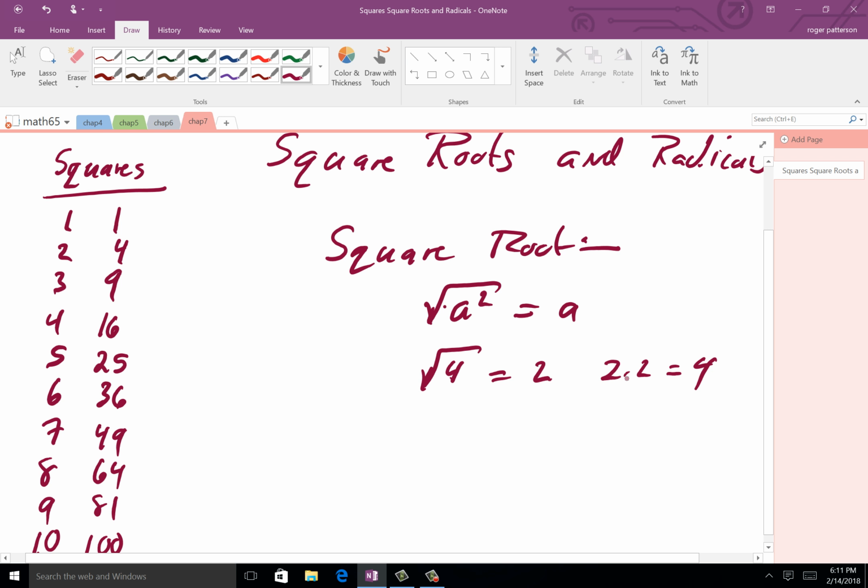Okay, that's the idea. All right, so this is a symbol for a square root. Check mark with a tail kind of thing. That's our square root symbol.